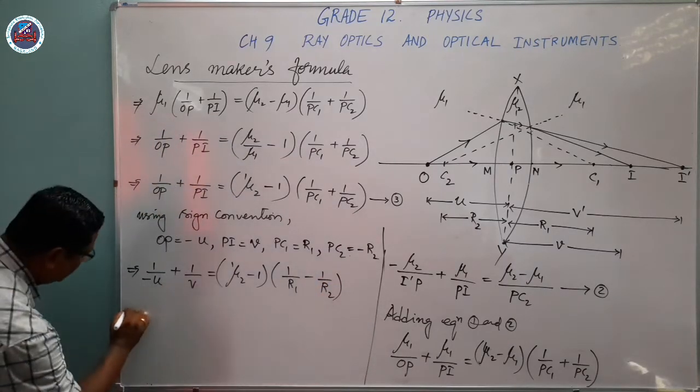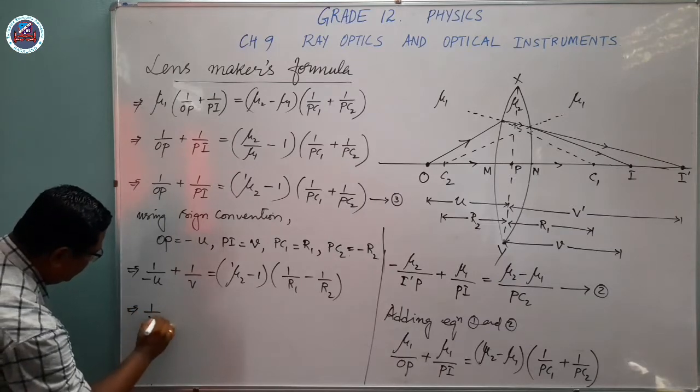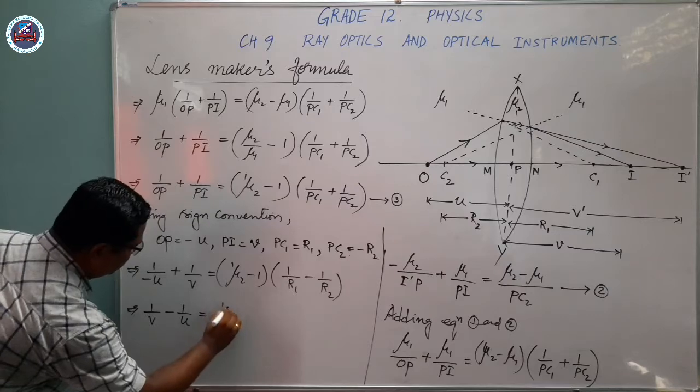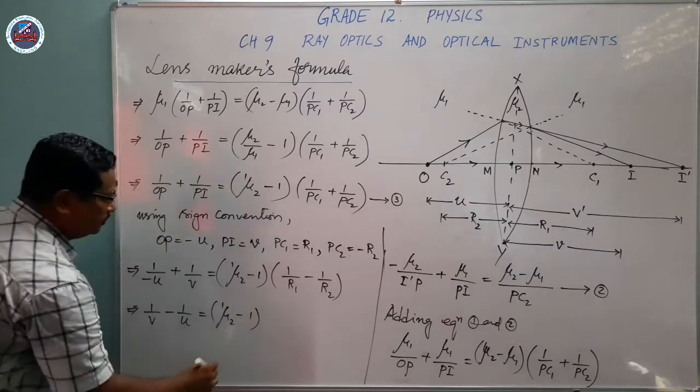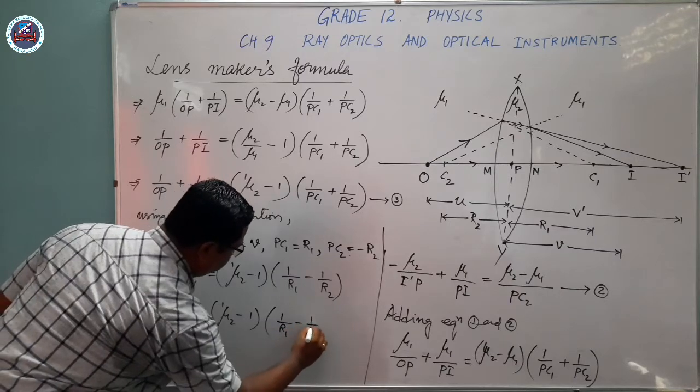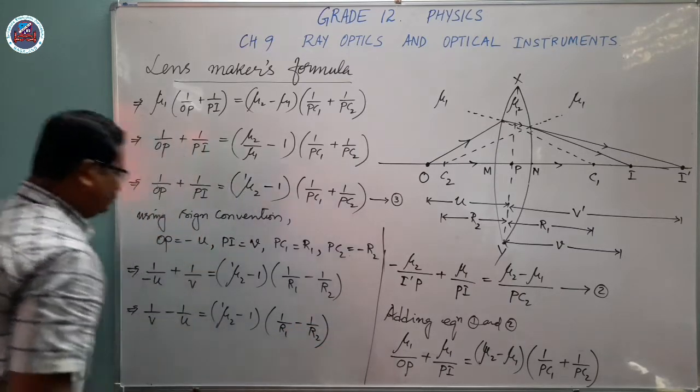Or more nicely, if you write down 1 by V minus 1 by U is equal to refractive index of second with respect to first, 1 by R1 minus 1 by R2.